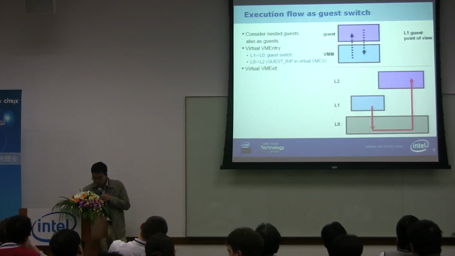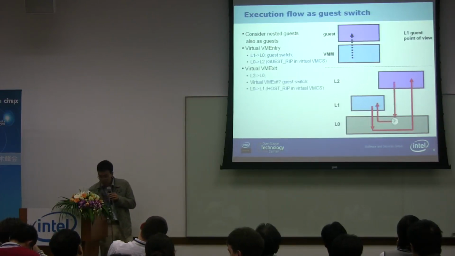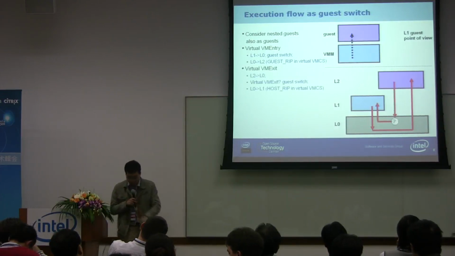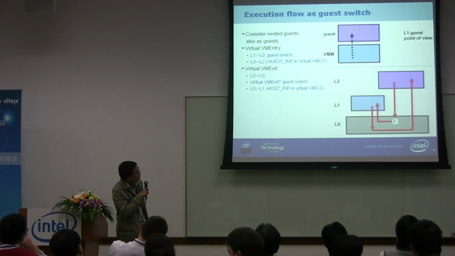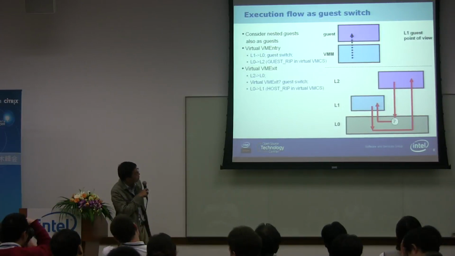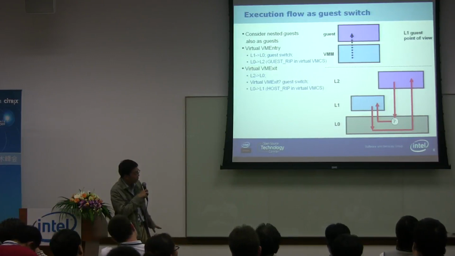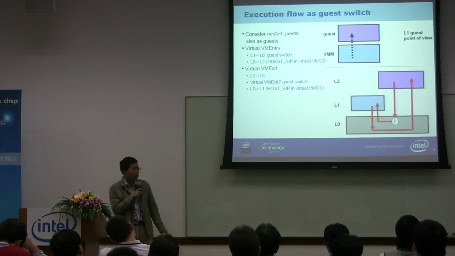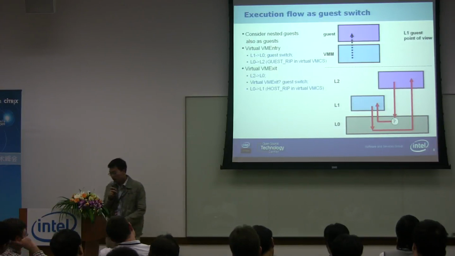A similar thing happens in the virtual VM exit. One of the big differences is that when the VM exit of L2 happens, at the very first it cannot be known whether it's a virtual VM exit or level 0 should handle it directly.